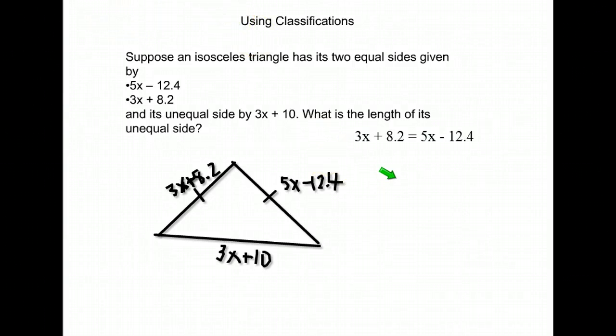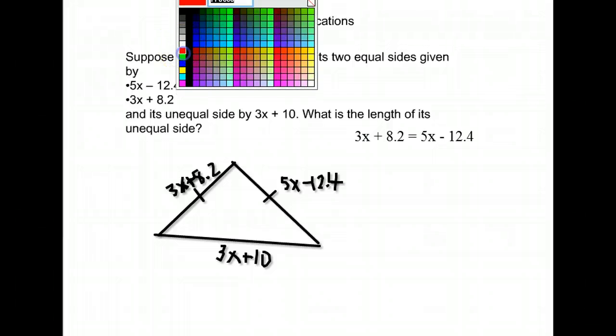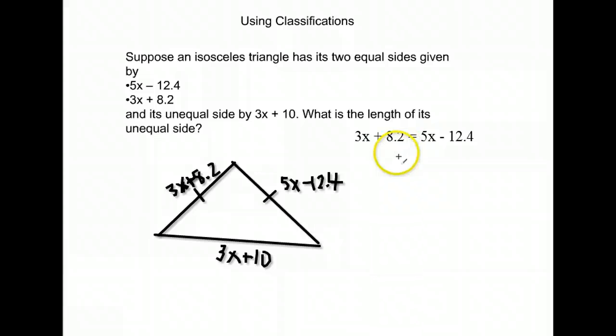Okay. So, any tips for me on solving this equation? What do I need to do? Okay, so when we're solving an equation, we want the x's on the same side.